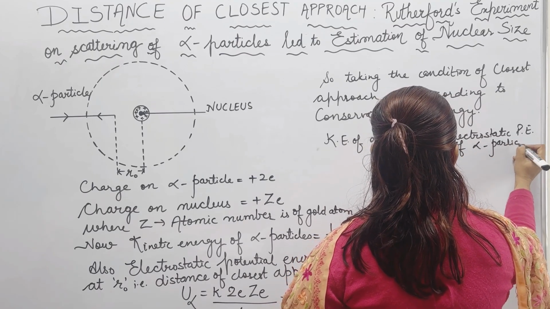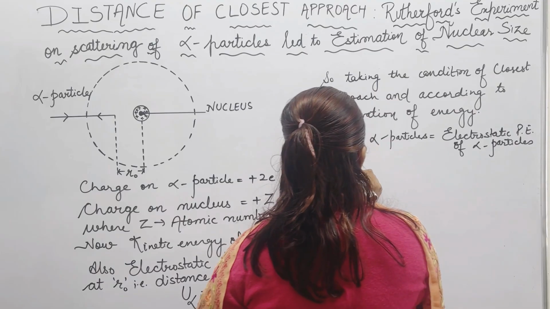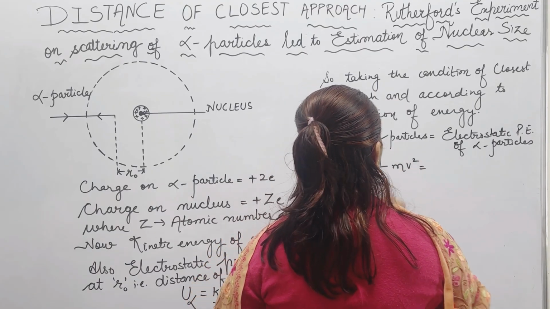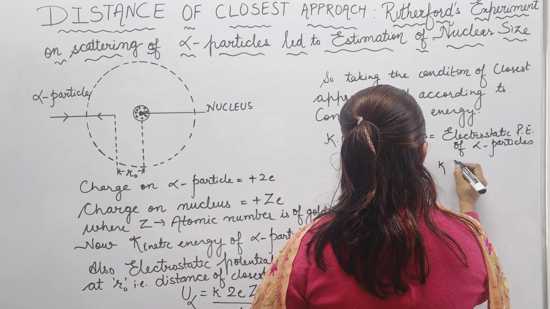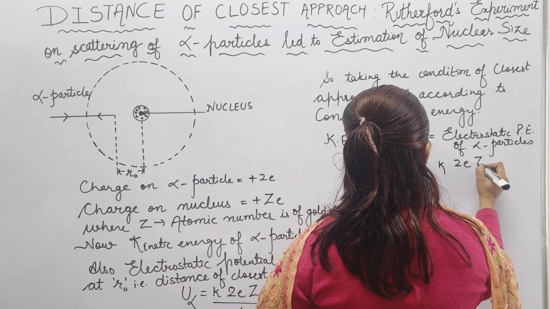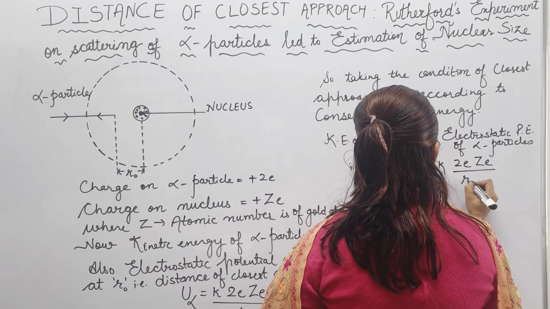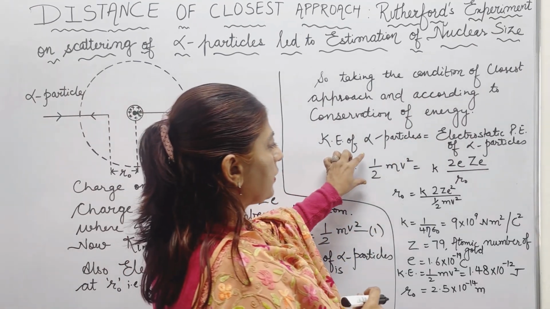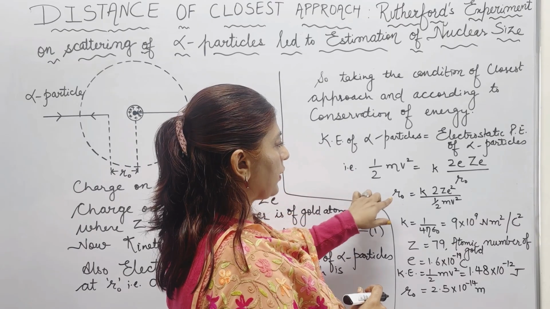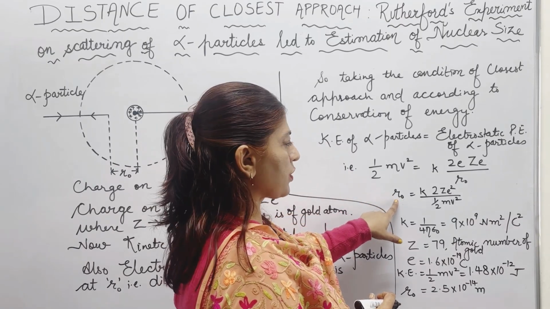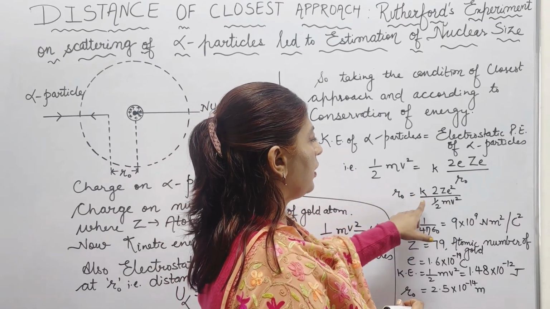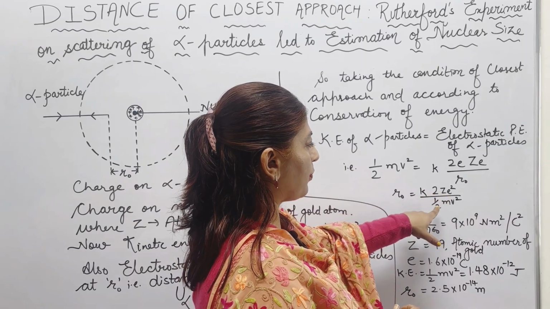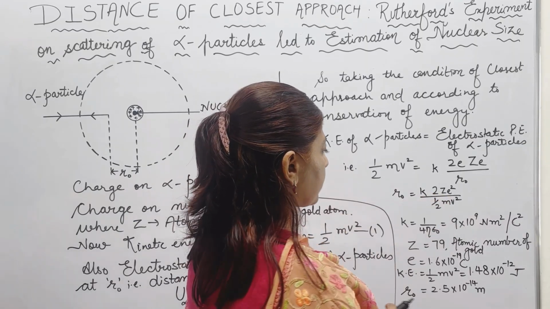That is, half m v square is equal to K times the product of the charges upon r naught. Now equating these two and rearranging, we get the distance of closest approach is equal to K, Coulomb's constant, into 2Ze square upon half m v square, that is the kinetic energy.